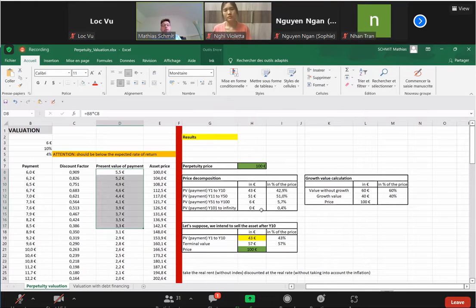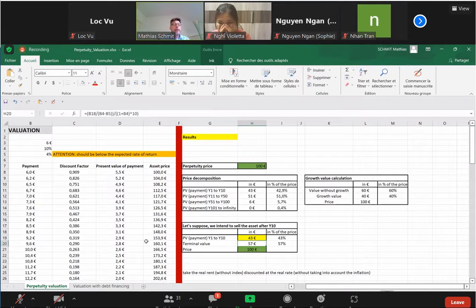Or you can also view it in another way, and you will see it will be exactly the same price that you will get. Let's suppose that you intend to sell the asset after year 10. So you have the present value between year 1 and 10. You sum all the present values of the payments that you will receive between year 1 and 10, 43, and the terminal value.